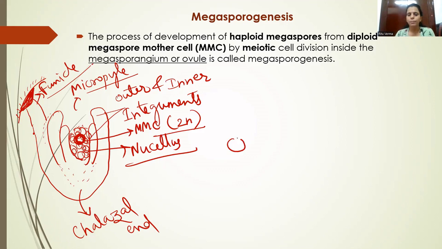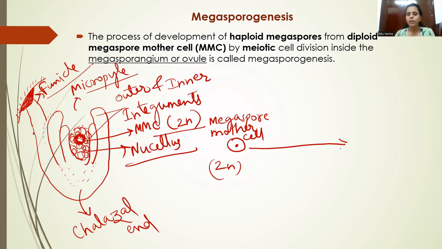For example, this is your megaspore mother cell. The megaspore means the ovum or the egg, and the cell which will help in the formation of the megaspore would be the mother of the megaspore. Hence this cell is known as the megaspore mother cell, because this cell will give rise to megaspores in the plant.